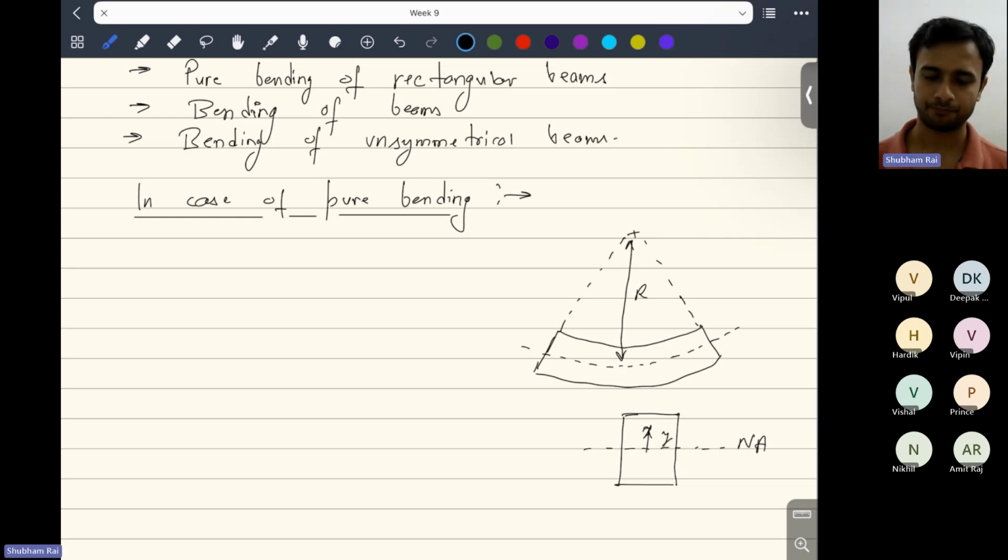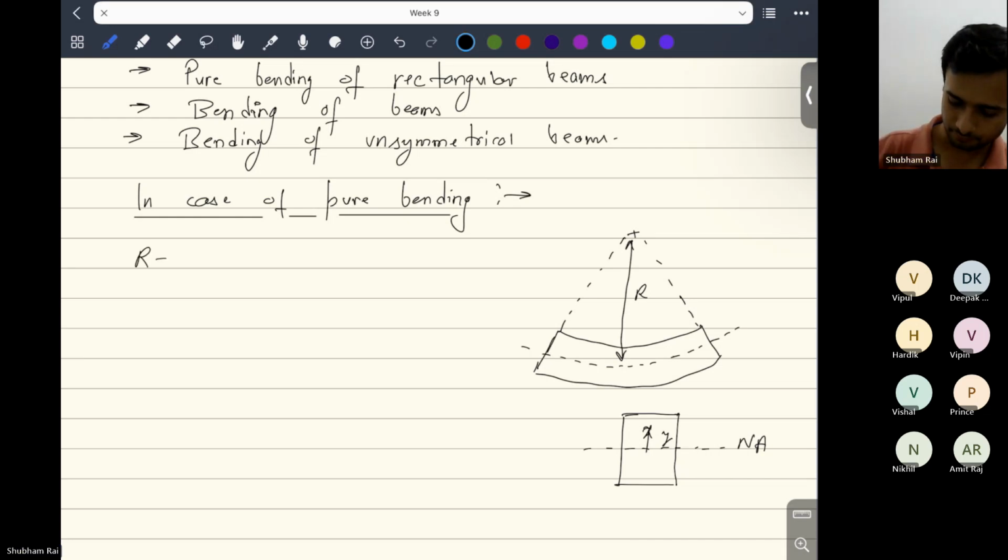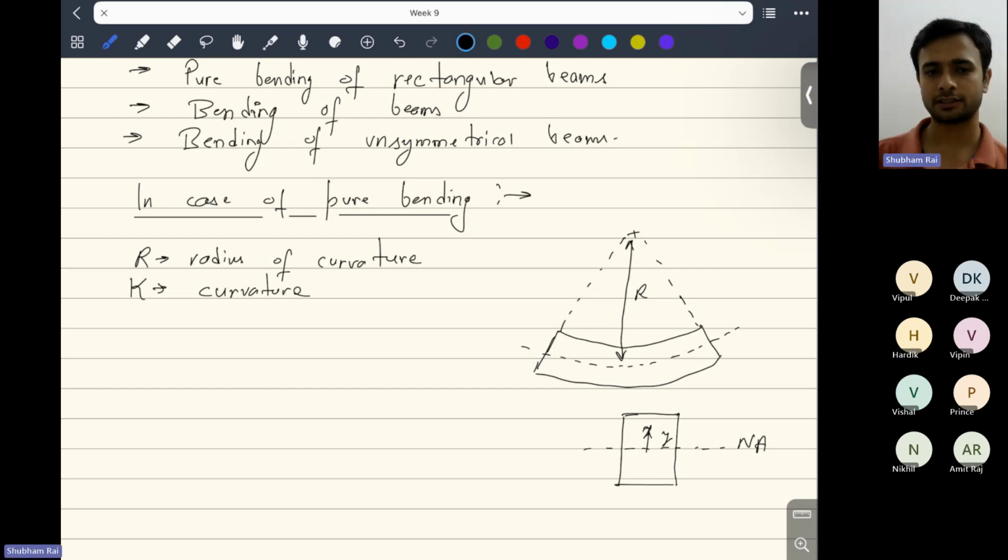This point is y. And we say that this r is the radius of curvature, and this inverse of r, a reciprocal of r, is known as curvature, which is denoted by kappa. It is reciprocal of radius.